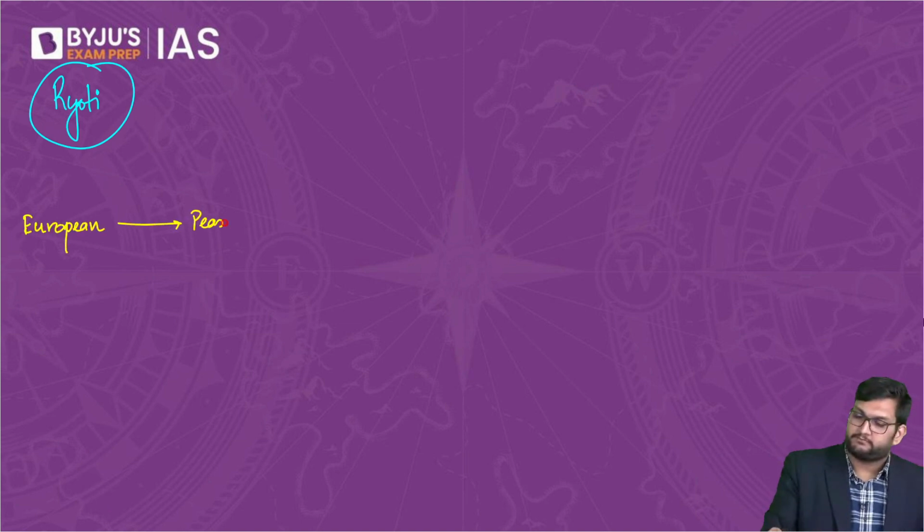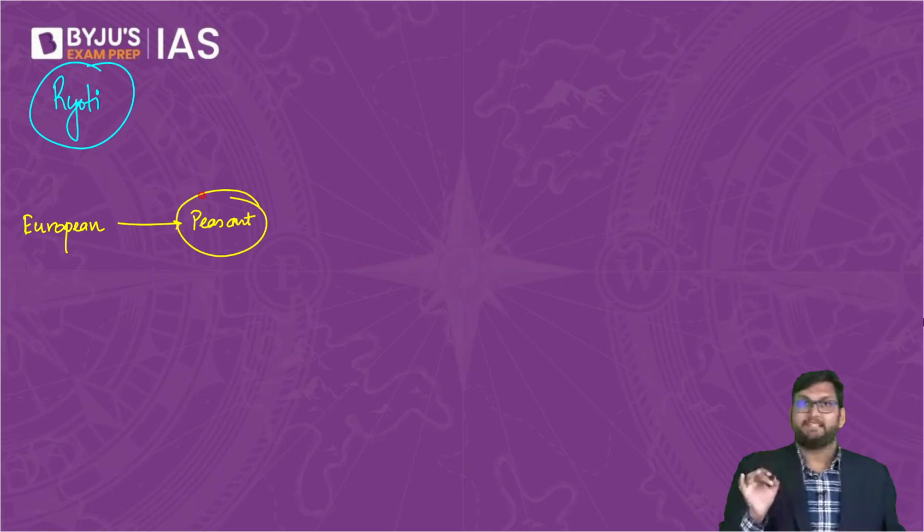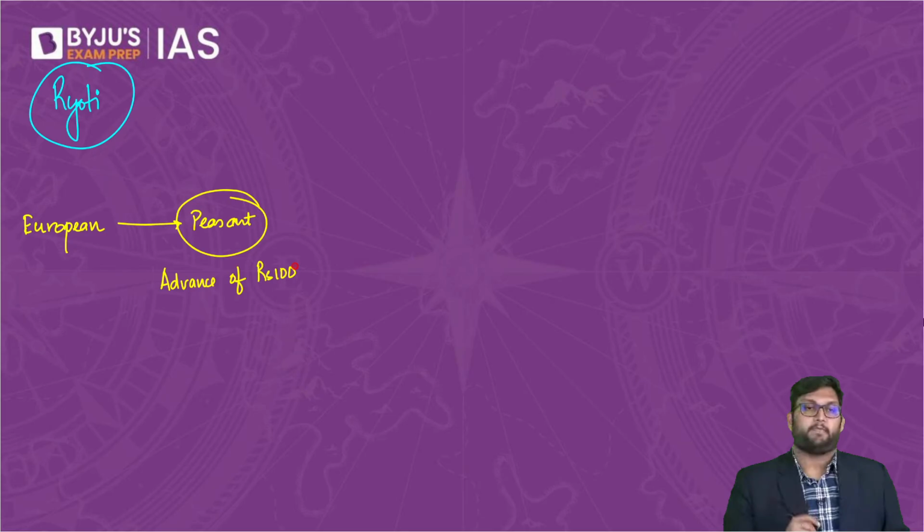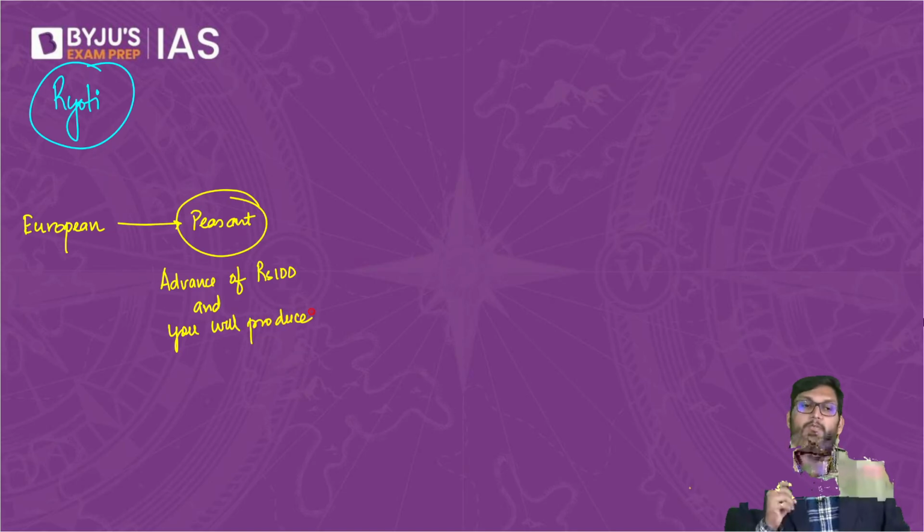The European goes to the peasant and says, I will give you an advance of ₹100 and you will produce indigo plant on a part of your land.